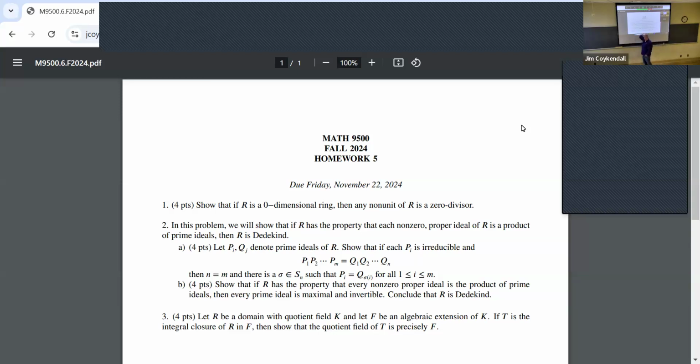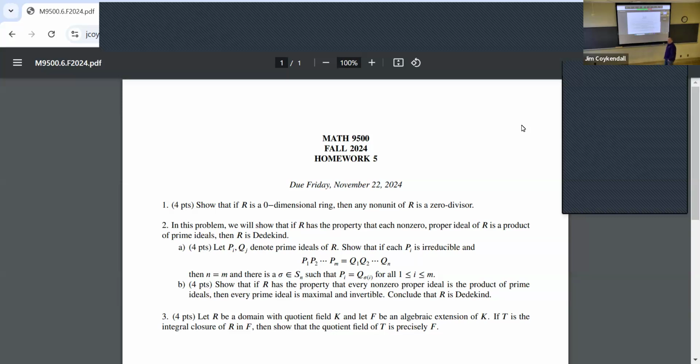So part A is to kind of help you down the path. And it's interesting in its own right too, and it gives you uniqueness. So suppose P_i and Q_j are prime ideals of R, and assume additionally that each of the P's are, another typo, spelled correctly, but invertible.